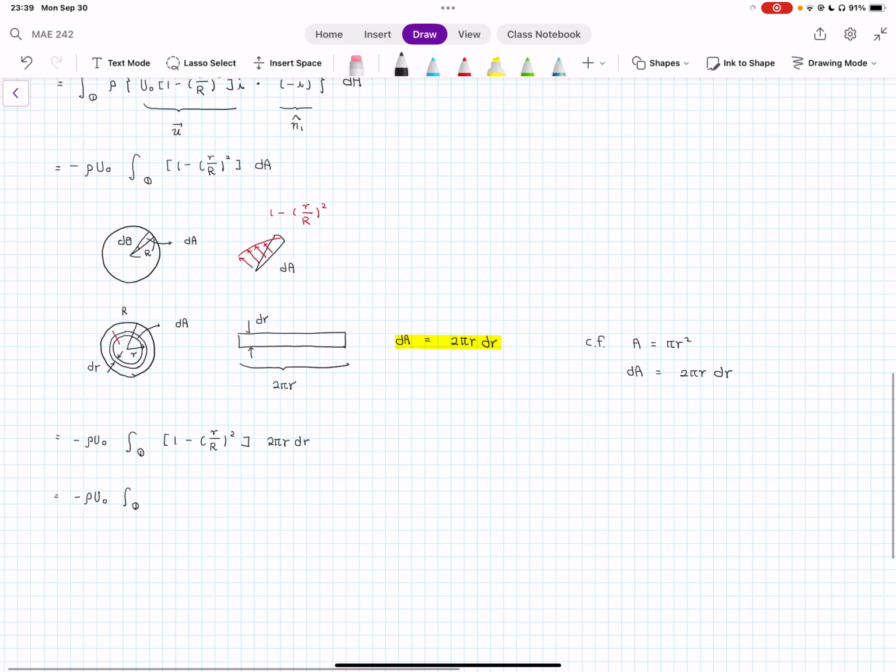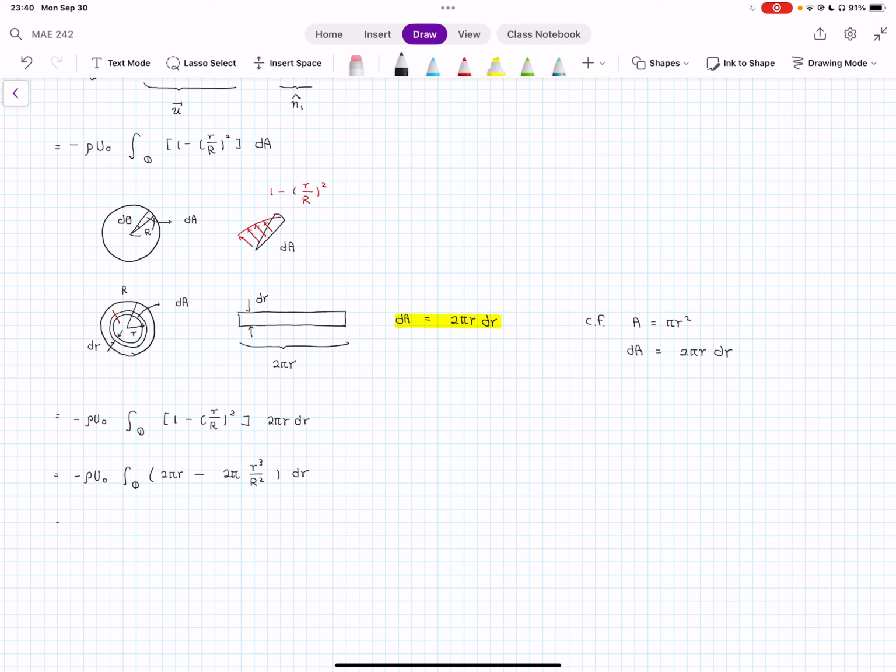Let's try to expand it: 2 pi r minus 2 pi r cubed over R squared, dr. Then we do the integration.